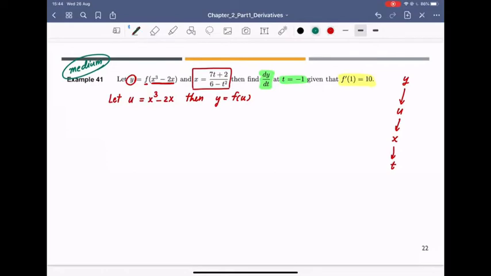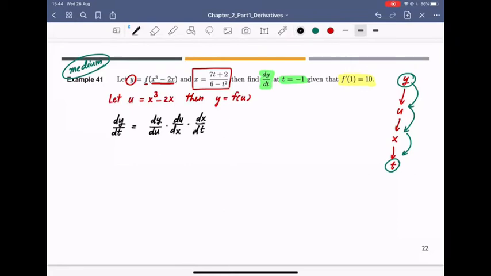And then you can see that if I want dy by dt, I can use the chain rule to differentiate, right? You have to pass the differentiation through the variables u and x. So if you want to use the chain rule, you're going to get dy by dt equal to dy by du first, multiplied by du by dx, and then dx by dt, right?